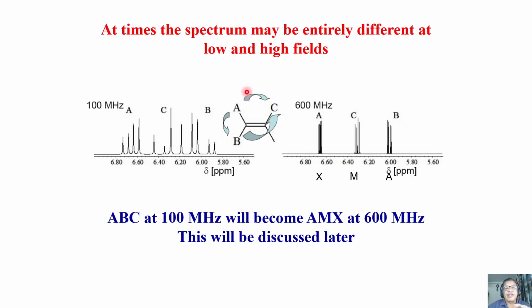That's why the spectrum may appear entirely different at low and high fields. But it does not mean your sample is wrong, so don't get confused. You have to understand more about NMR, why it is happening at higher field and why it is happening at lower field. This concept we will discuss as we go higher. At the moment, please remember this.